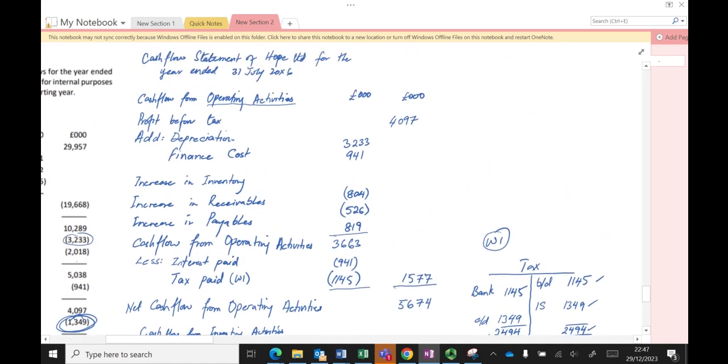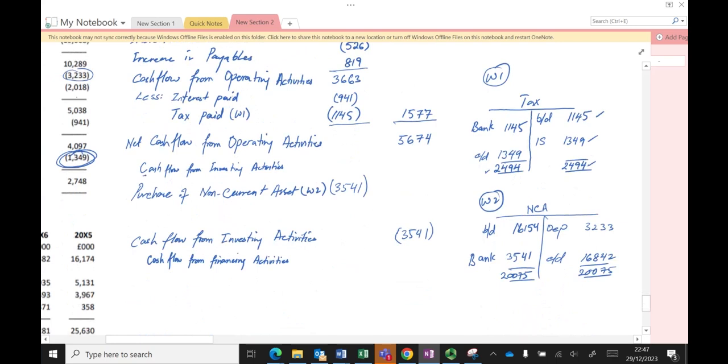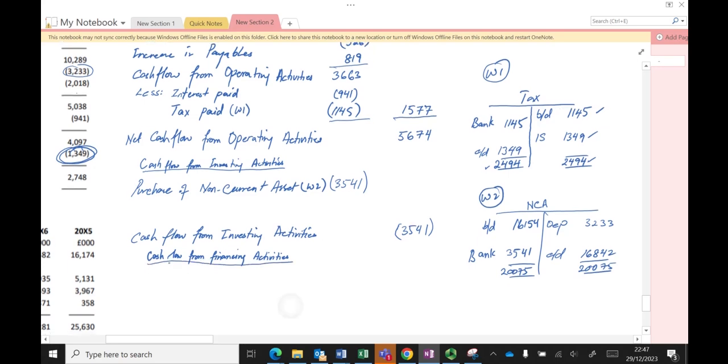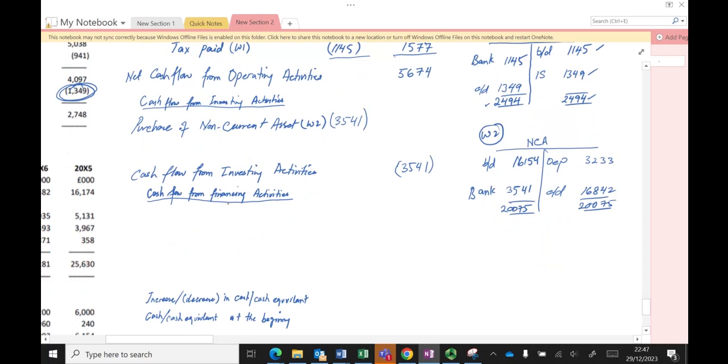So remember that there are 3 main headings: cash flow from operating activities, cash flow from investing activities, and cash flow from financing activities. You can also highlight them. Right. Talking about financing activity, how did I finance my business?